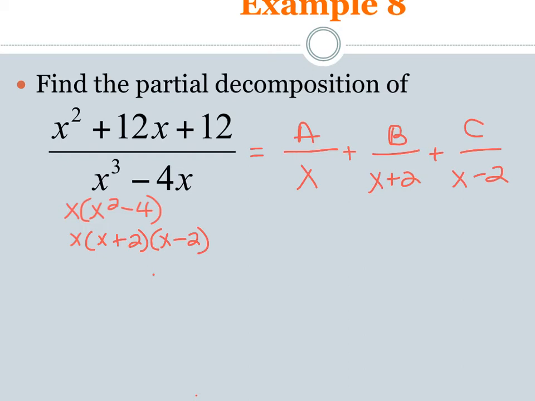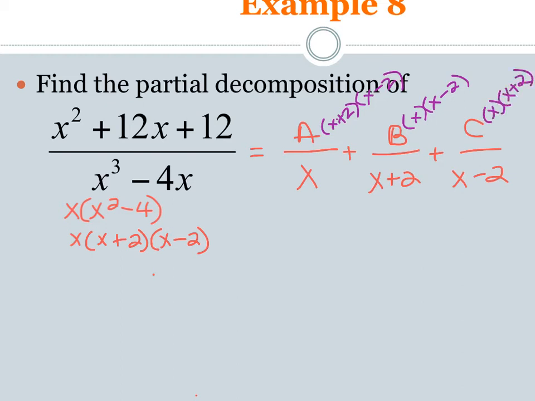X squared minus 4. I would say leave it broken down, because it will be easier to eliminate them. So this would be x plus 2 and x minus 2. From the b, I'm missing what? X and x minus 2. And from the c, good, x and x plus 2.